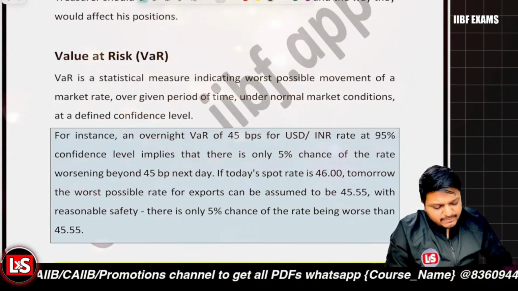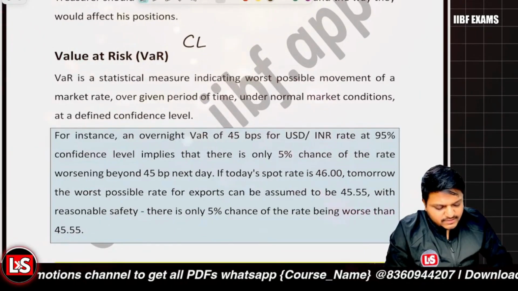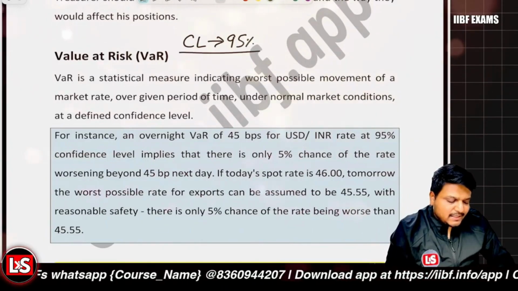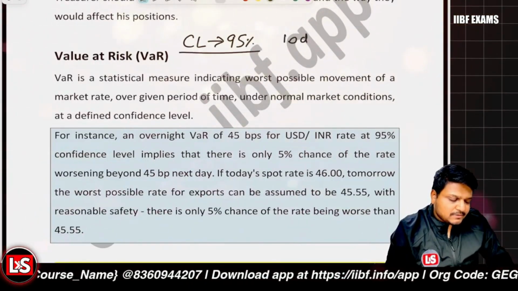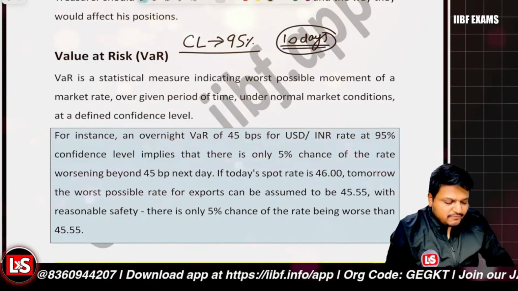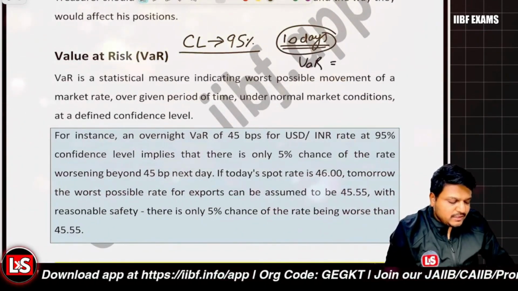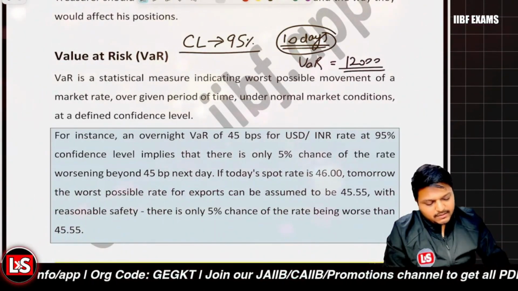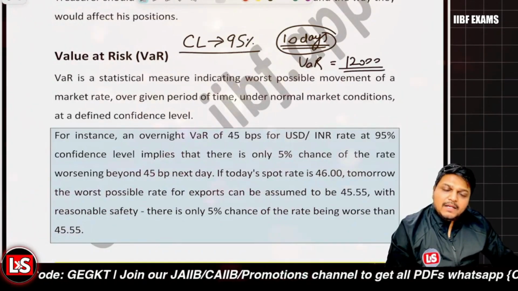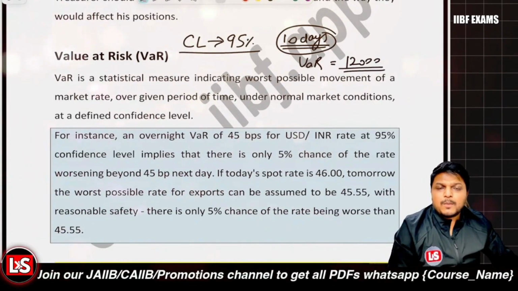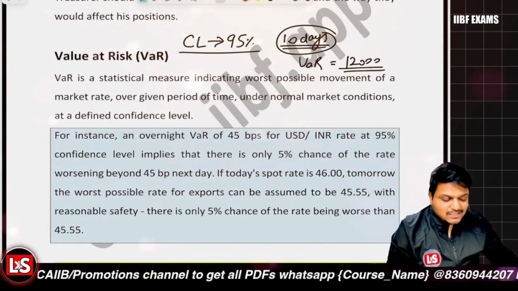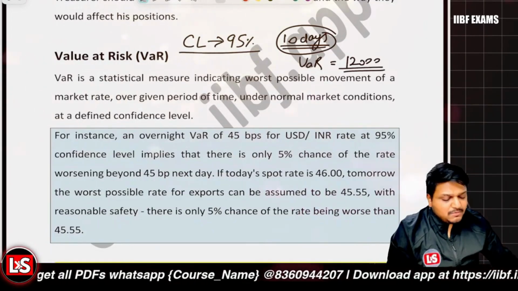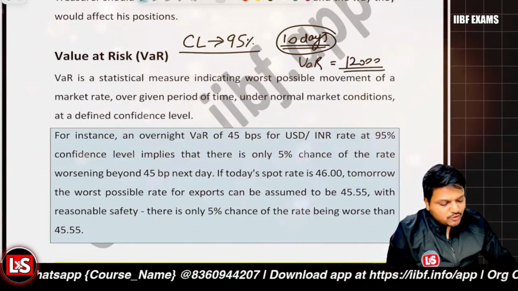Let's say the confidence limit, CL, is given to be 95%, for a time horizon of 10 days, and the VAR is given to be 12,000. What does this indicate? This indicates that with 95% probability under normal circumstances over the time horizon of 10 days, the maximum loss would be limited to 12,000 rupees.